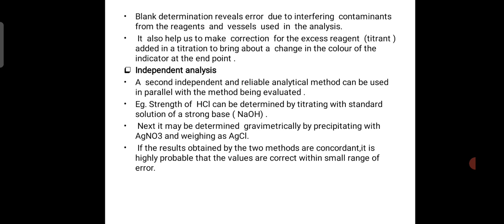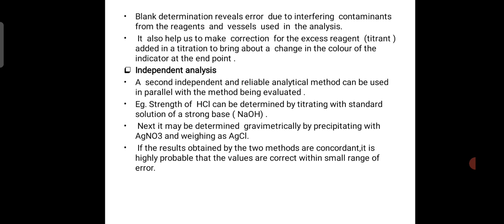Then independent analysis. Independent analysis means we are doing it two times. If I have done one method, that is, I first used the volumetric method, then I want to check whether it is right or not. So I went for another method, the precipitation or gravimetric method. For example, I have to check the strength of hydrochloric acid.